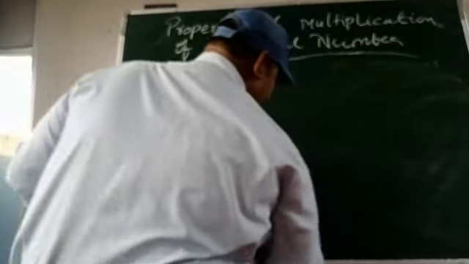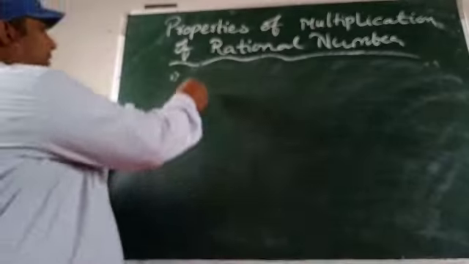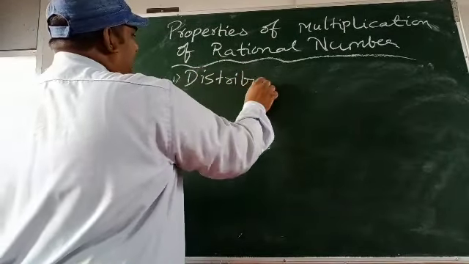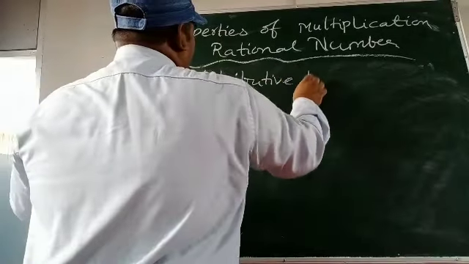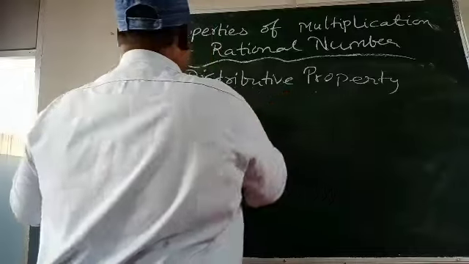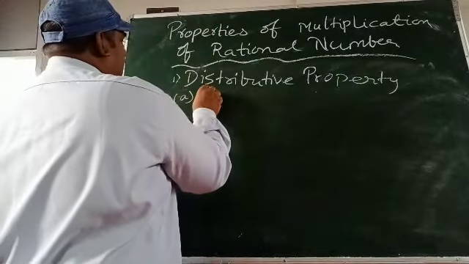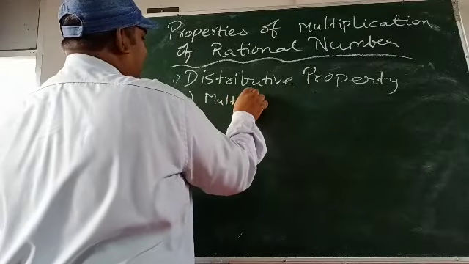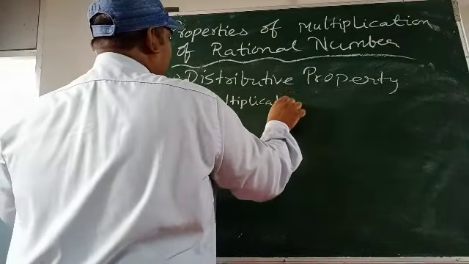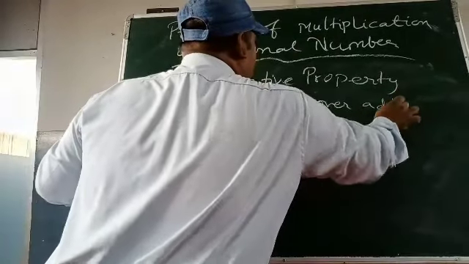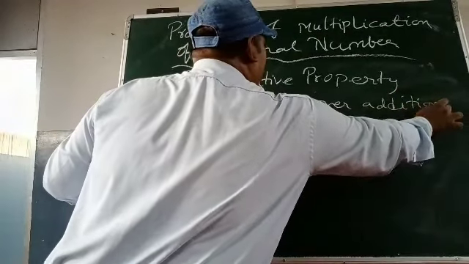Distributive property, number one, distributive property A: multiplication over addition. How does it work?